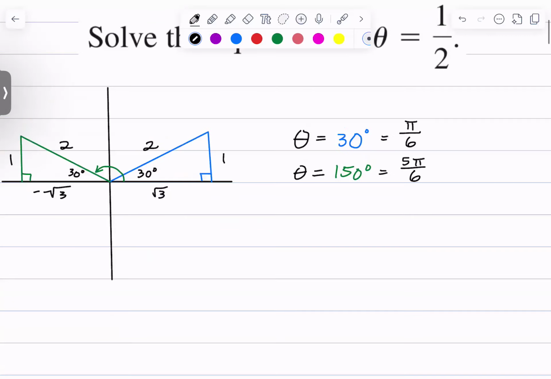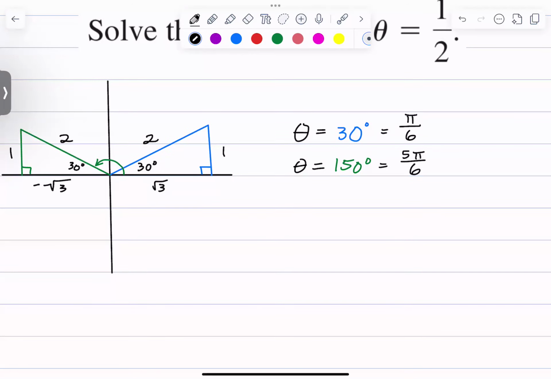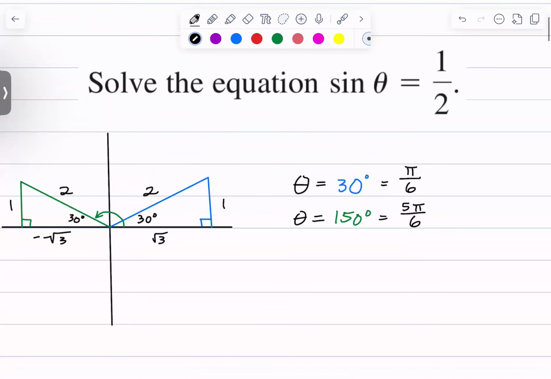So once we get the answers or the solutions in one rotation or one revolution, right? We have to think about when that number occurs again. So in terms of sine, do you remember the graph of sine? Right? It goes up, comes back down, goes back up like that, right? And that's one period, correct?